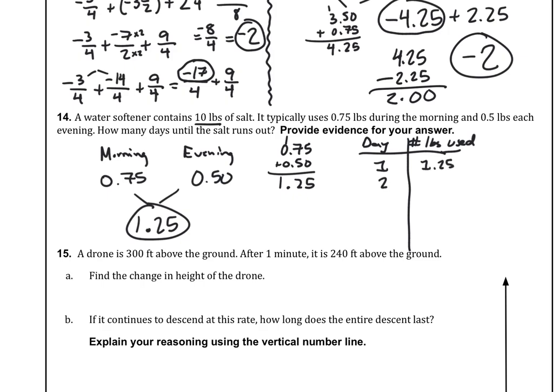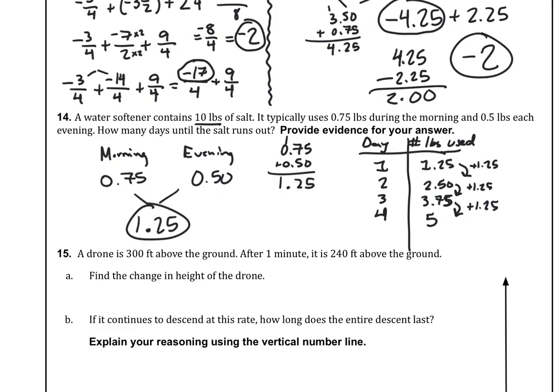On day 2, I use another 1.25, meaning my total used jumps up to 2.50. Day 3, we add 1.25 again, which gives me 3.75. And finally, on day 4, we add 1.25, and I get 5.